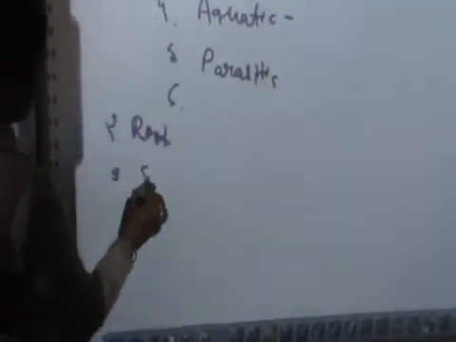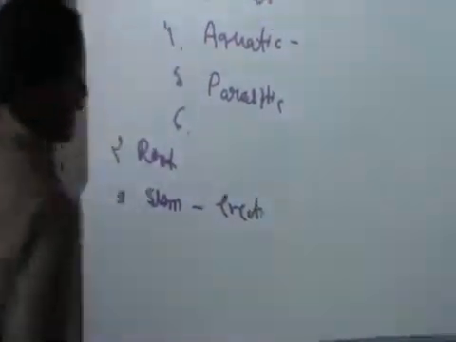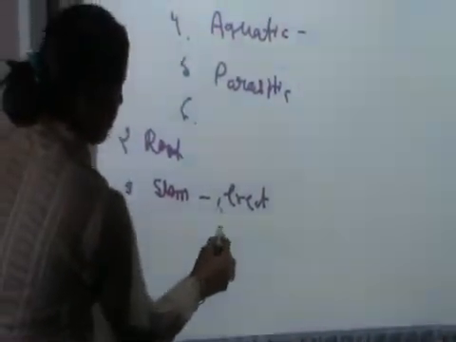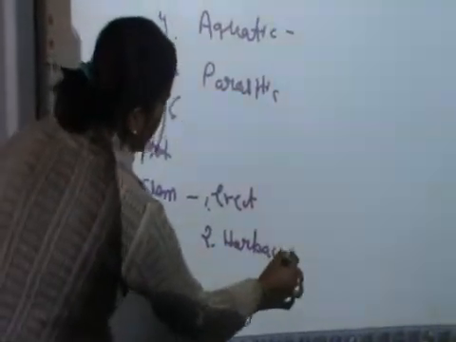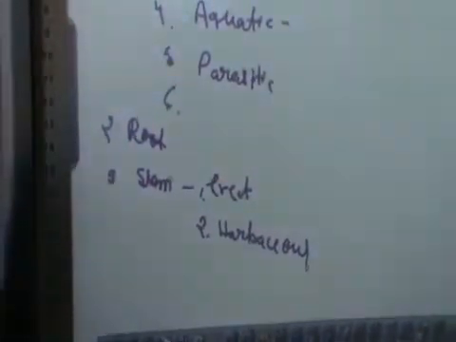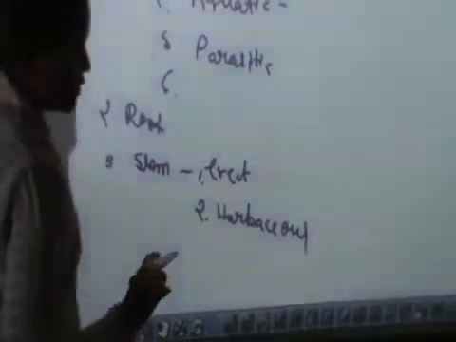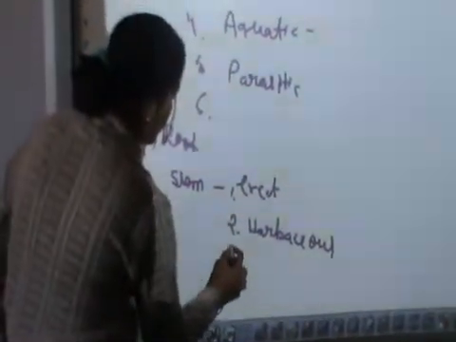Number three, stem. There are many types of stem. Number one, erect stem. If the stem is strong, it is called an erect stem. Number two, herbaceous stem. If the stem cannot be broken into two parts, it is a herbaceous stem.